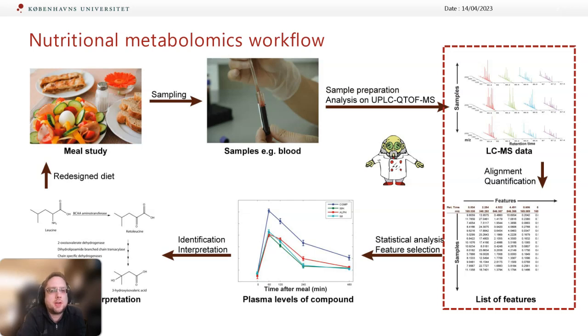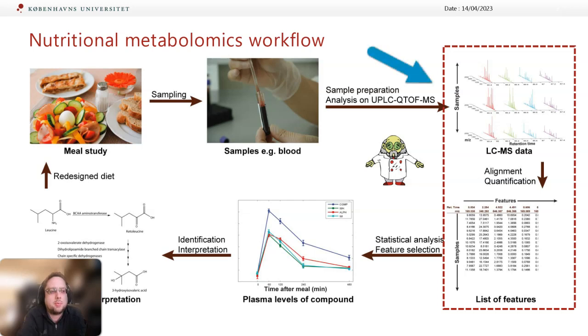Before we start discussing how preprocessing works, let's first consider where in the metabolomics pipeline it takes place. In a typical metabolomics study, we have collected some samples, maybe from a meal study where people have gotten different things to eat. We have then collected samples, could be urine samples, blood samples, or feces samples, and we have analyzed these samples on an LCMS instrument.